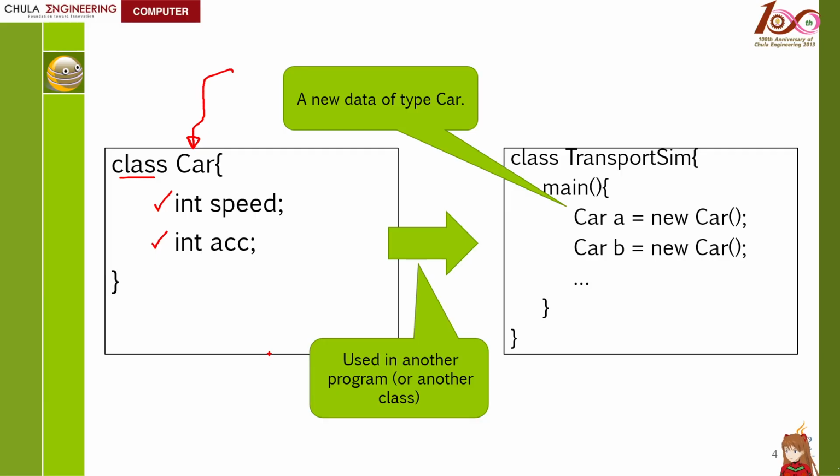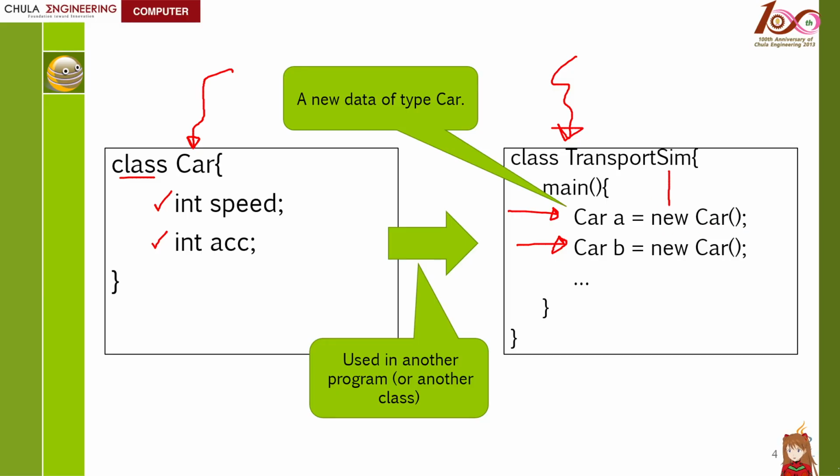So in another class, say I have another file called class TransportSim. This class can make use of class Car by creating car objects. All right, so in this example, I actually create 2 cars.